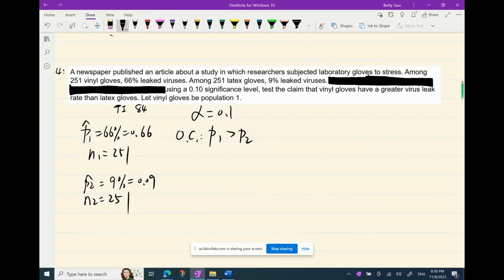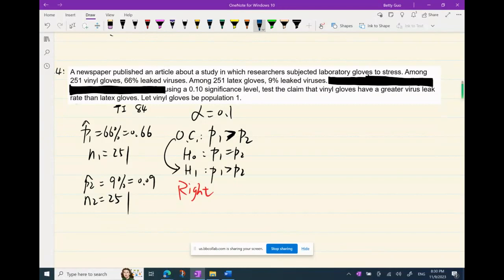Okay, so we're testing the claim, so this is going to be a right tail. Technically we should do H0 and H1. The null: p1 equals p2. The alternative would be the same as the original claim, p1 is bigger than p2. This is a right tail test.